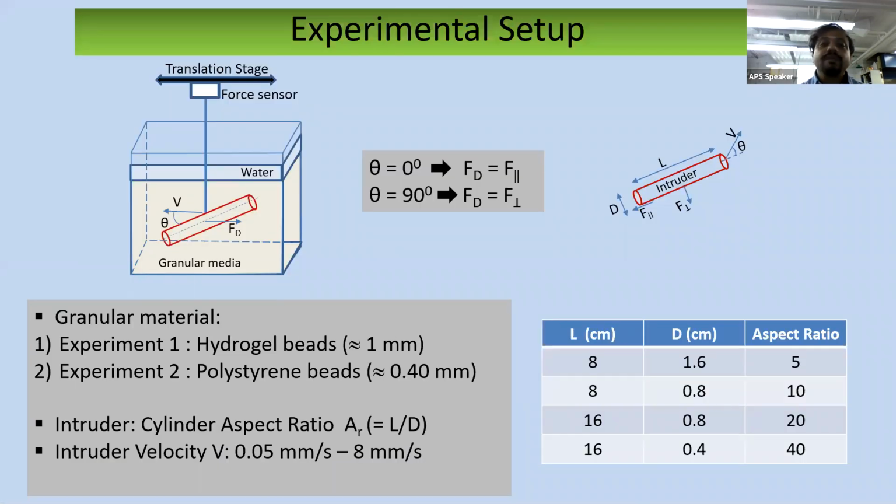So here is our experimental setup. The intruder is of cylindrical shape, which is attached to the force sensor using a thin rod. The force sensor is further attached to a translation stage, which can move in both the forward and reverse directions. If the intruder axis is oriented in such a way that it is parallel to the velocity or motion of the intruder, then we call it parallel drag.